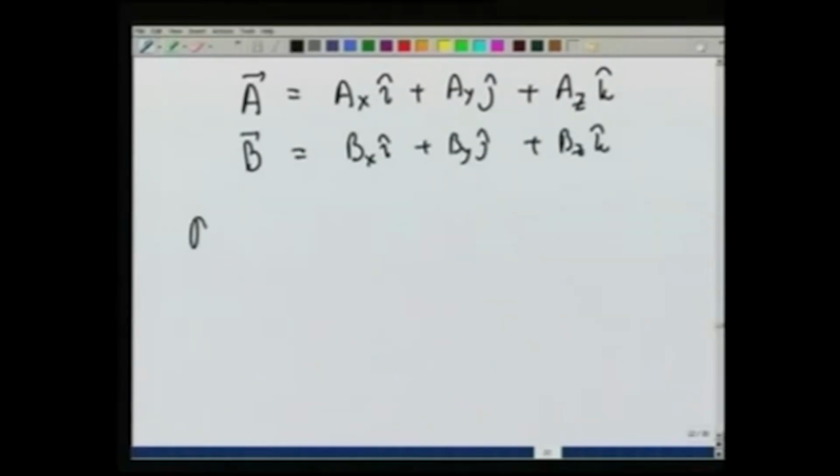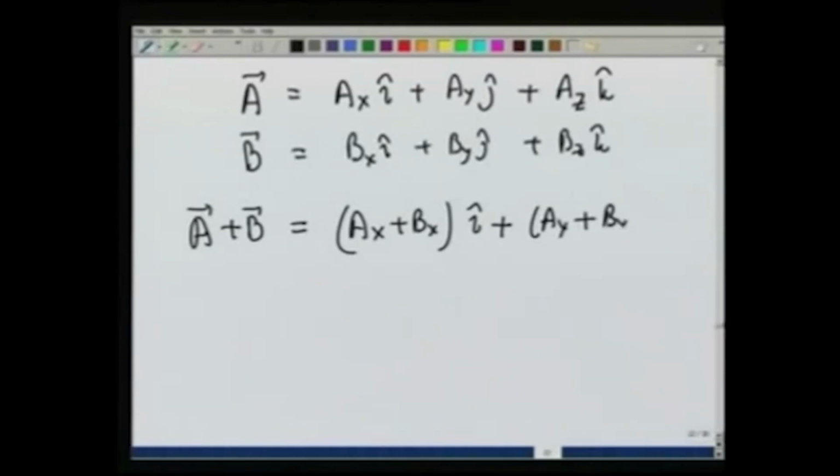When I add the two vectors a plus b, you can see graphically and carry it out that the net vector would have a x component, which is the summation of the x components of individual vectors. Then I add the y components of individual vectors and then the z components of the individual vectors.